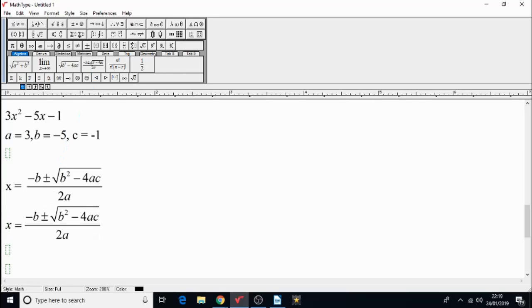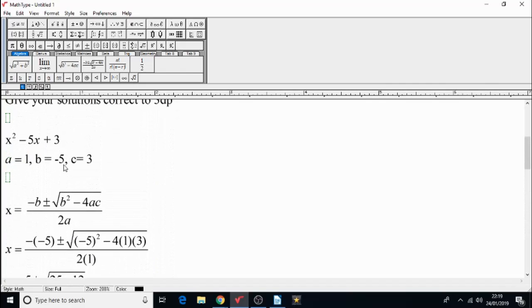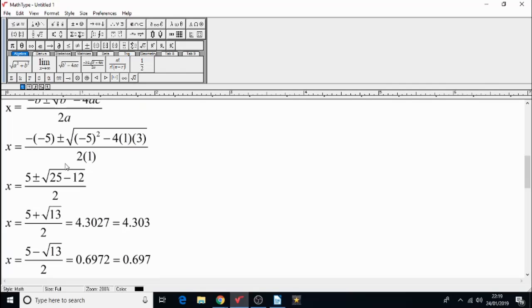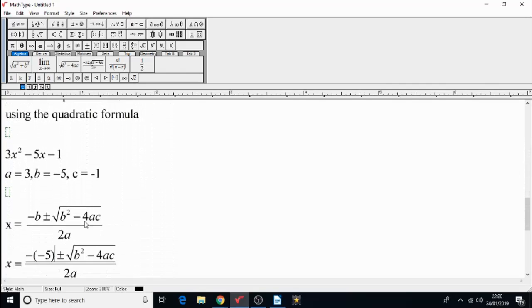So b is minus 5. Sorry about that. Just had to double check that I didn't have a duplicate question because it's similar a, b, c terms.